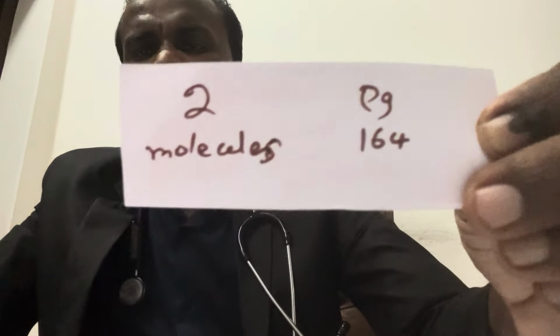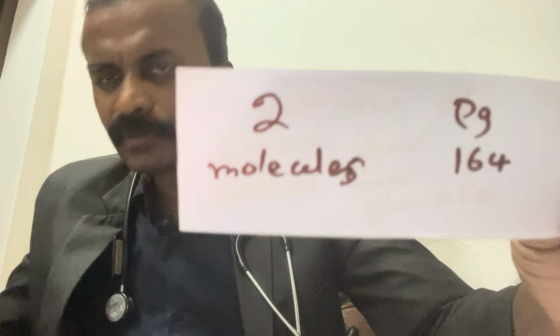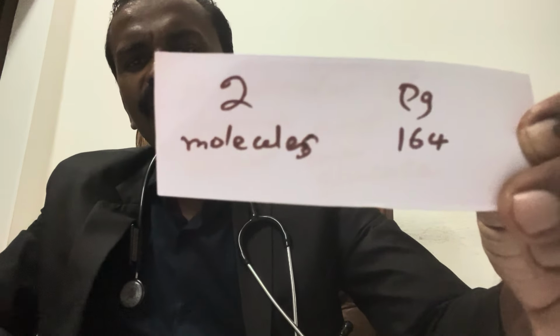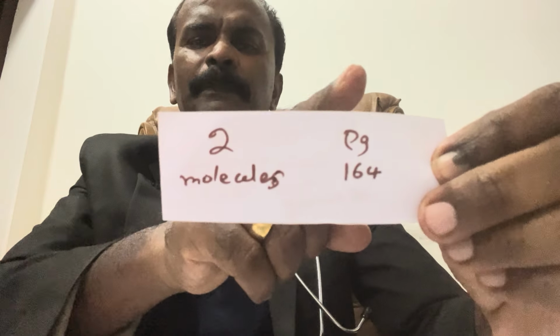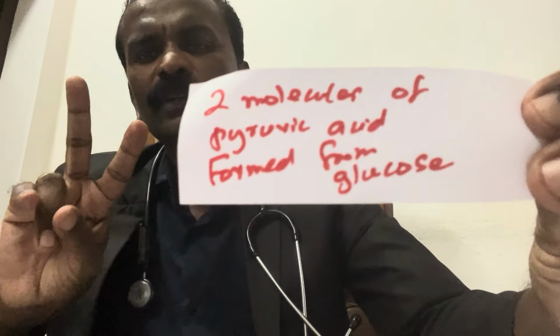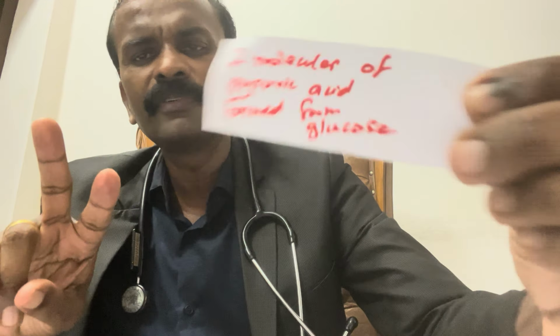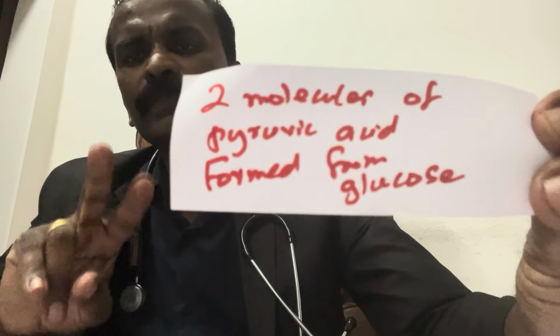This question they have asked: 2 molecules. You have to underline 2 molecules. So what is the question? Any clue? 2 molecules of pyruvic acid is formed from glucose.